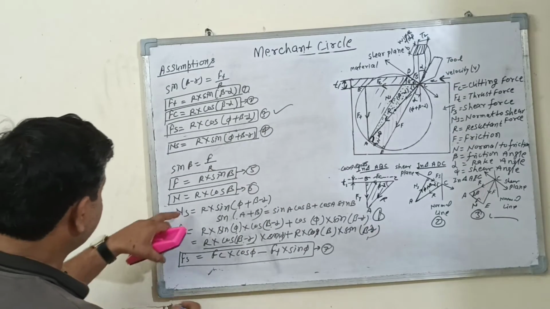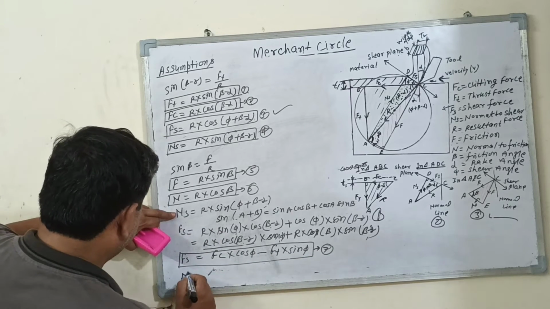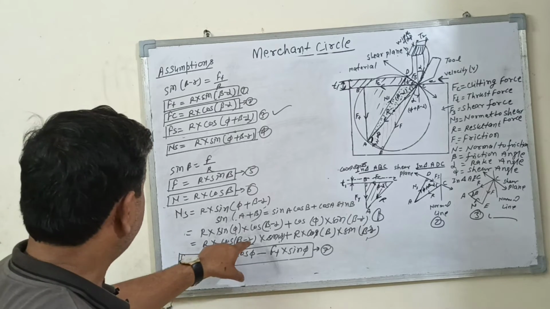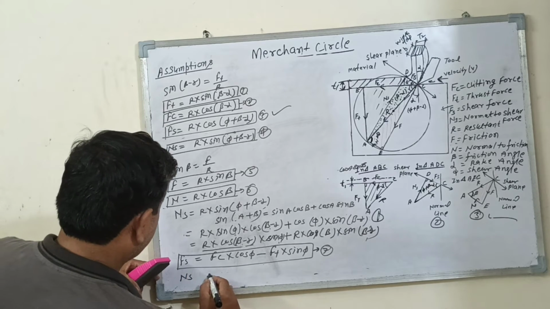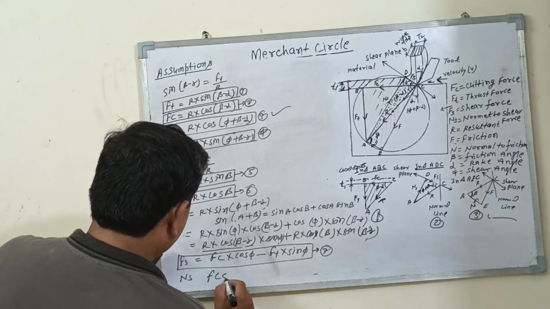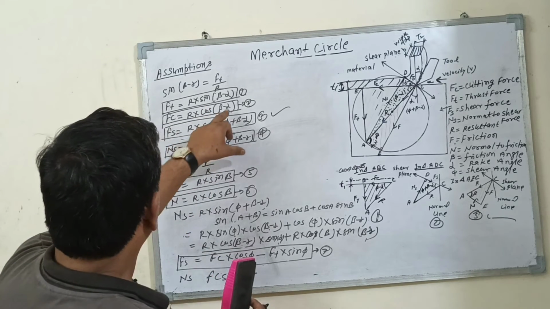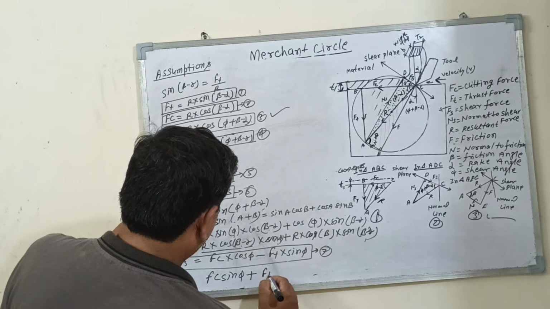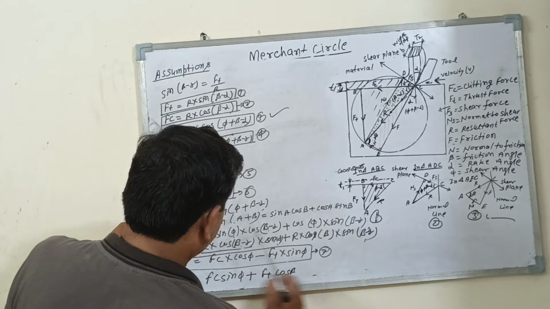So this is the value of Ns, the value of Ns: R cos(b − alpha) Fc into sin phi plus R sin b Ft cos b.